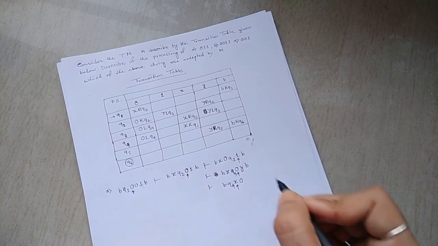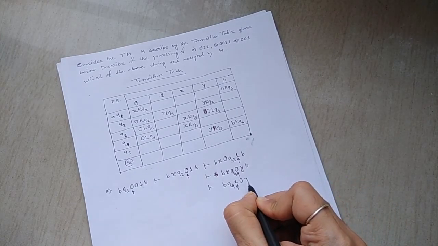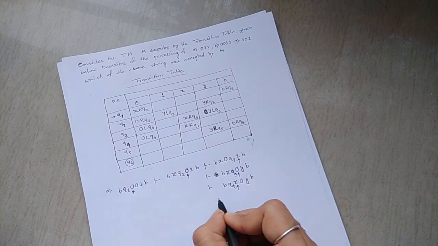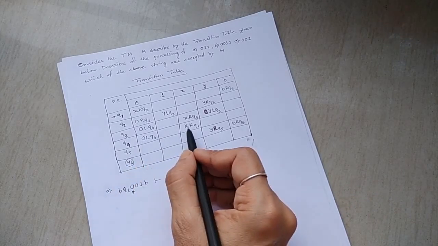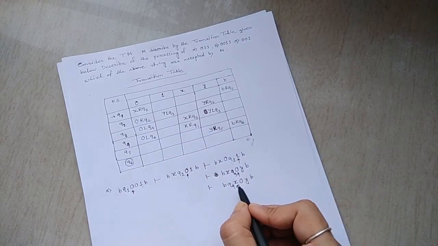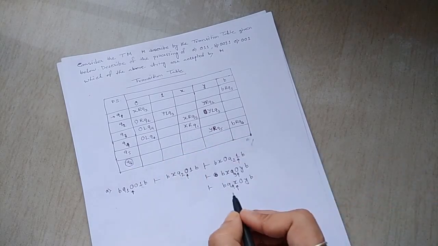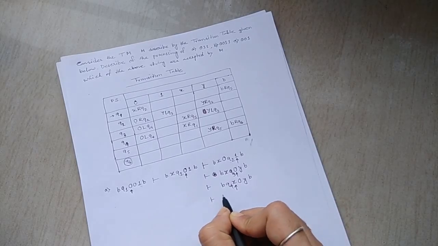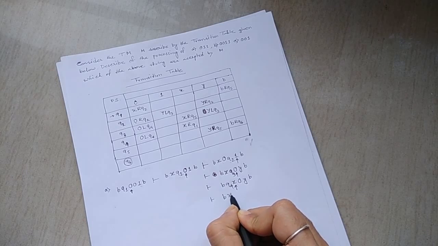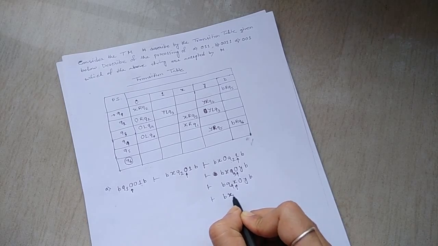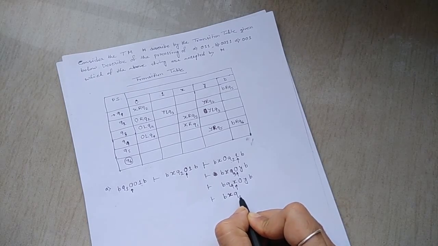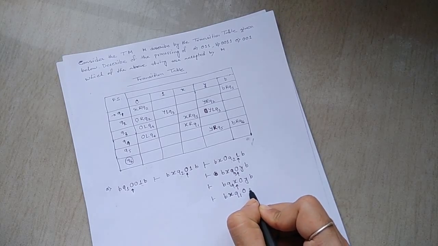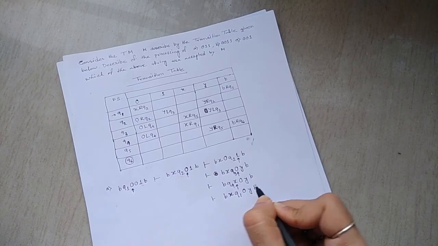Now it will read X, and this is Y and this is blank. At Q4 we are reading X, so X will be replaced by X, move towards the right side and change to Q1. So B, X is overwritten by X, it will move towards the right side, so the head comes to this position and the state is Q1: 0 Y B.